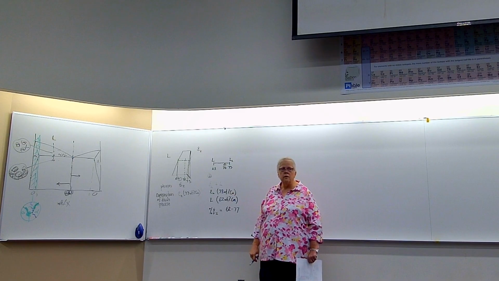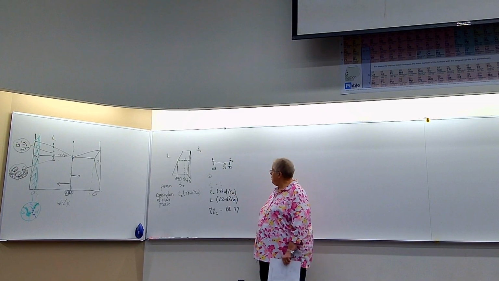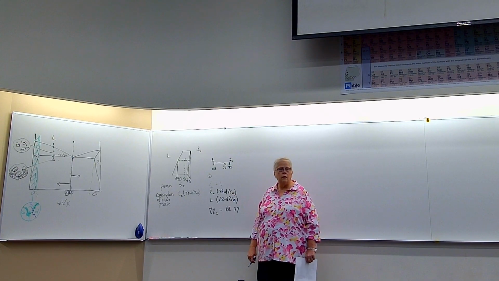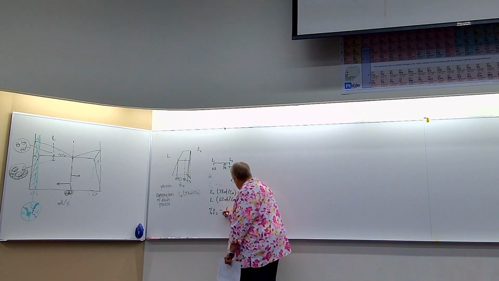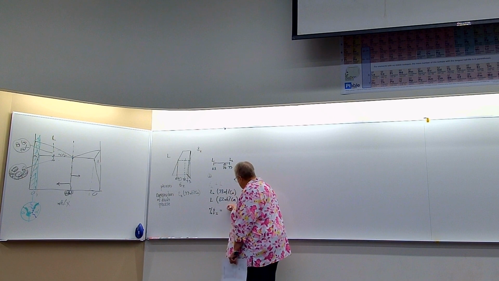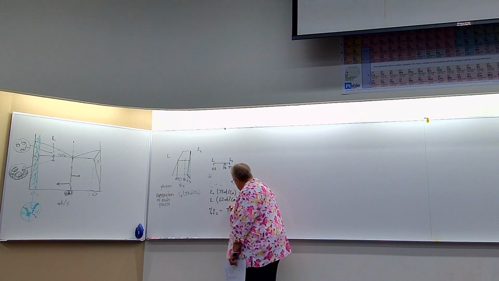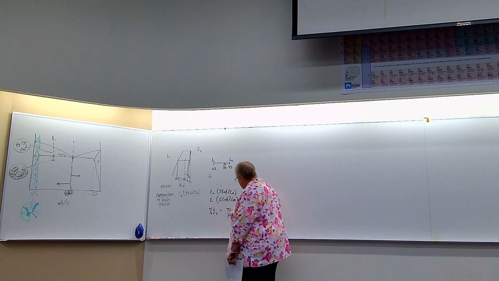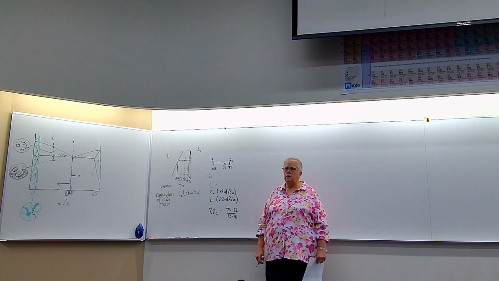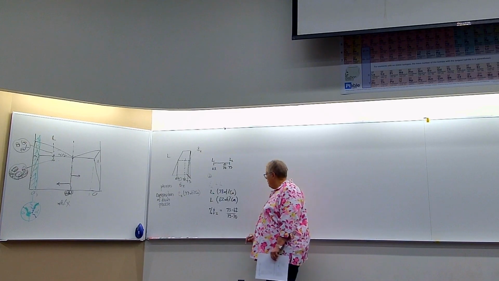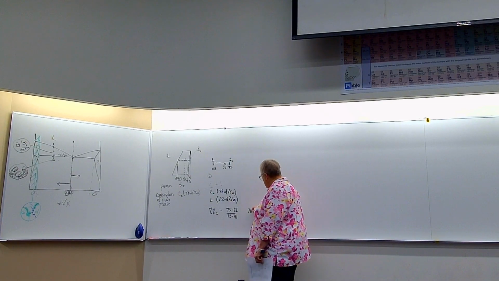So is it 73 minus 62 over 73 minus 70? It should be 70 minus 62 over 73 minus 62.